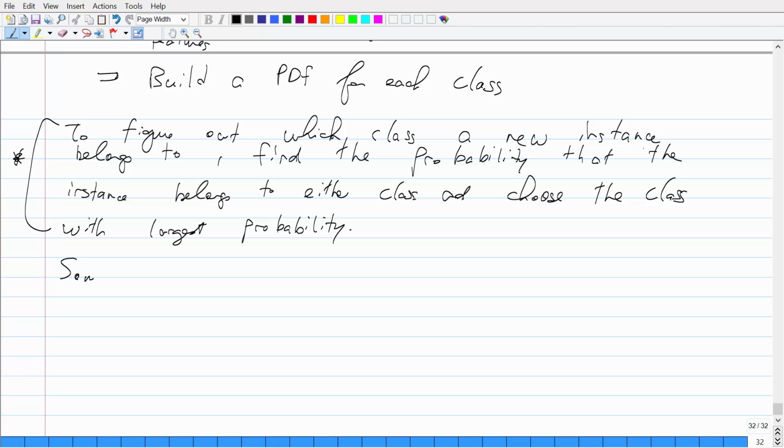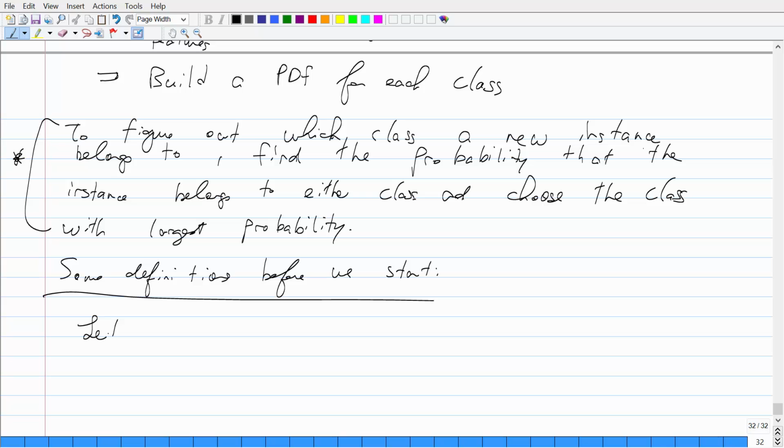So here are some definitions before we start. Unfortunately this is very notation intensive, so I'm just following what the convention would be. So we're going to let omega j be the jth class we want to classify an input into.